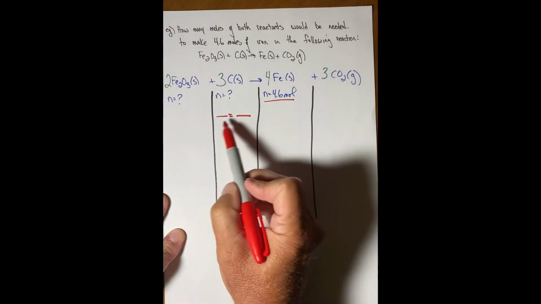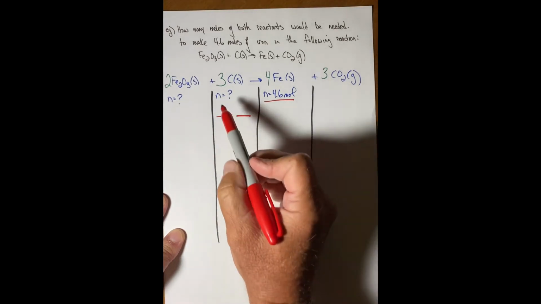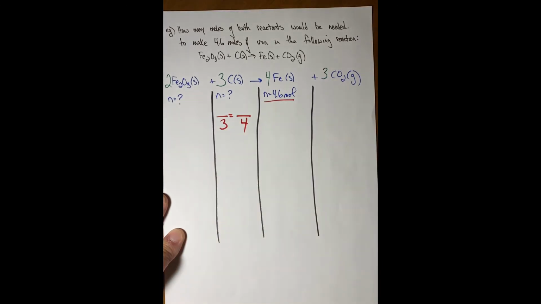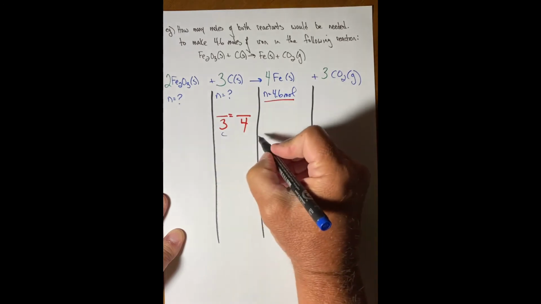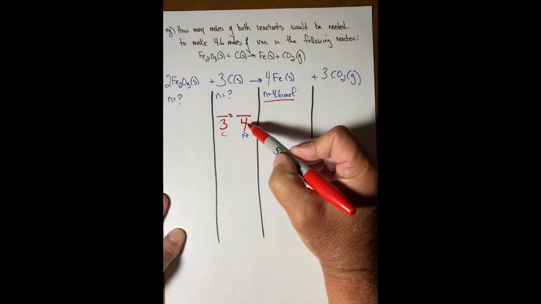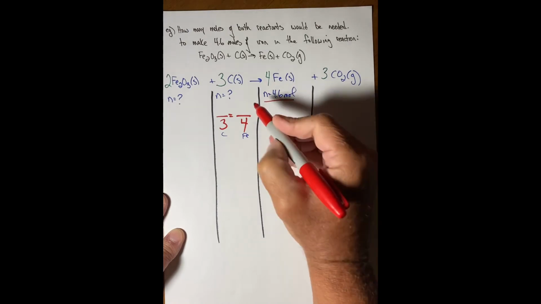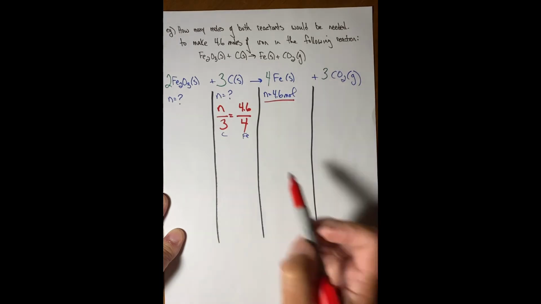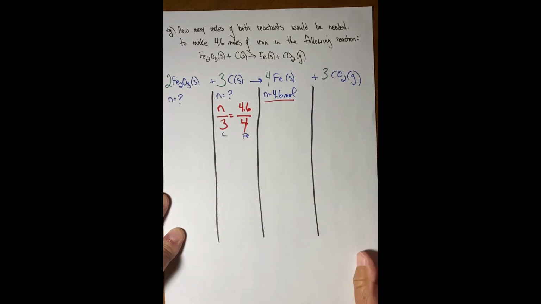On the bottom, you're going to keep the original ratio that was there, which in this case was 3 to 4. Now remember, this is carbon, and this is the iron side of things. Instead of 4 moles, I actually have 4.6 moles, and I want to know what I need there to maintain a 3 to 4 ratio.